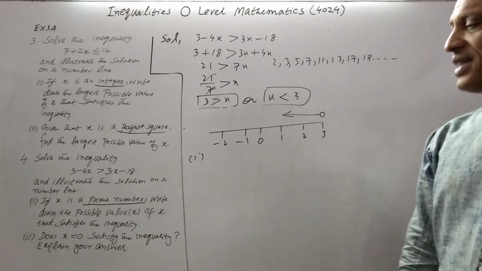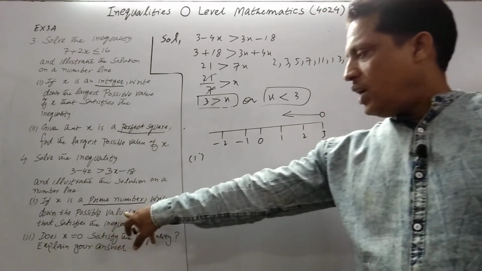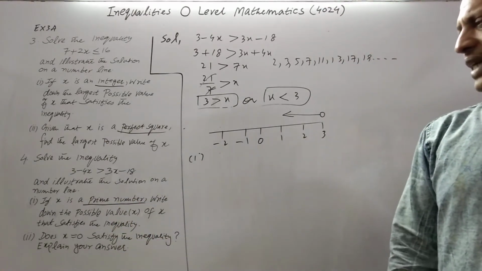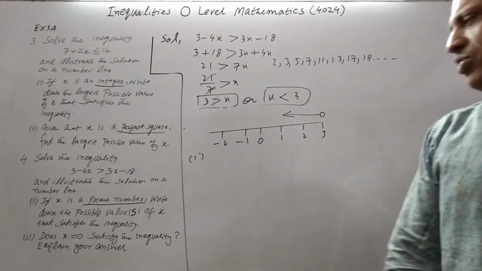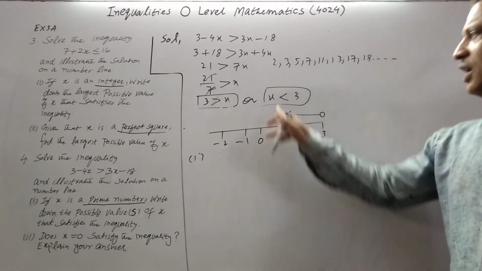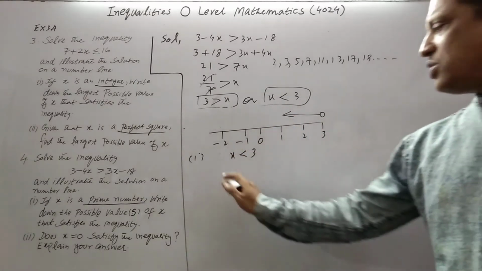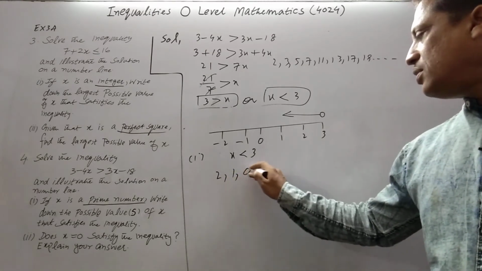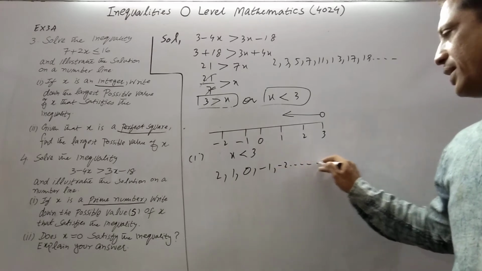Okay. So if x is a prime number, write down the possible values of x that satisfy the inequality. So what is our answer? Our answer is x less than 3. X less than 3 means 2, 1, 0 and minus 1, minus 2 and so on.